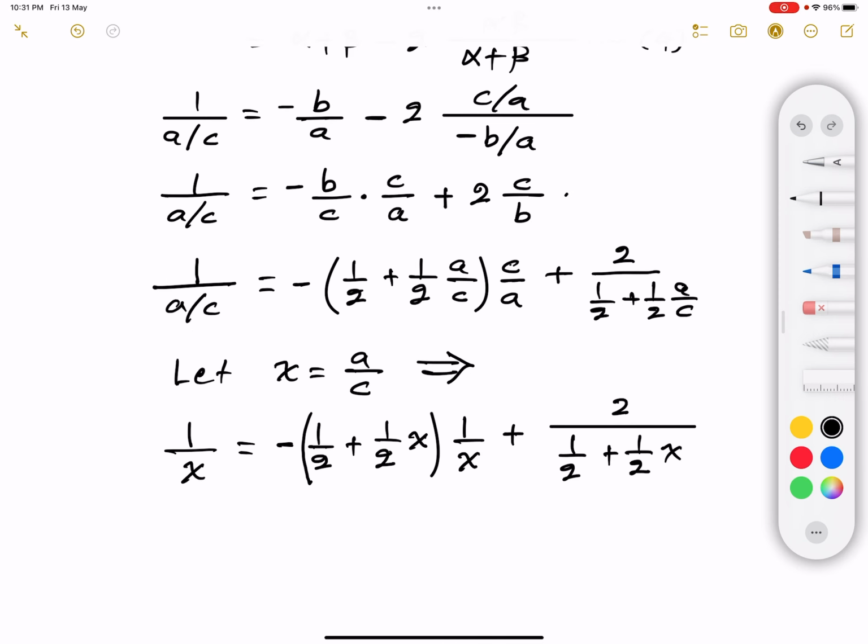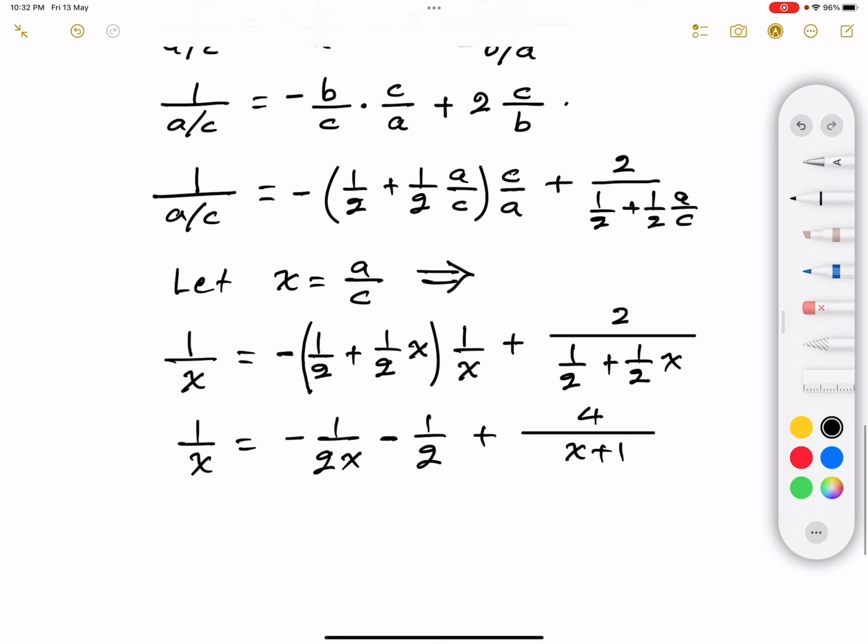Now, we can simplify this expression. So that's going to give us 1 over x equals minus 1 over 2x minus 1 half plus, now x plus 1 divided by 2. The 2 we're going to get to the numerator, so that's going to give us 4 divided by x plus 1.